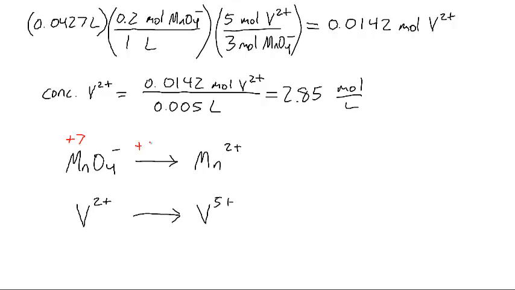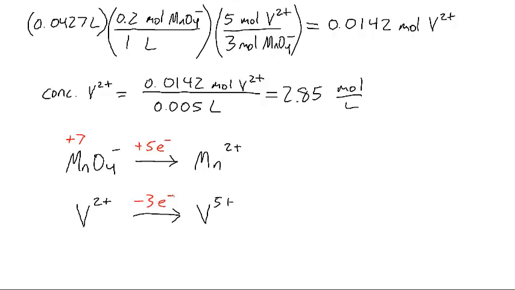It had to gain 5 electrons. Vanadium is going from 2+ to 5 plus, so it had to lose 3 electrons. So what that tells me is, if the vanadium's losing 3 electrons, the manganese is gaining 5, they're going to have to come together in a 3 to 5 ratio.